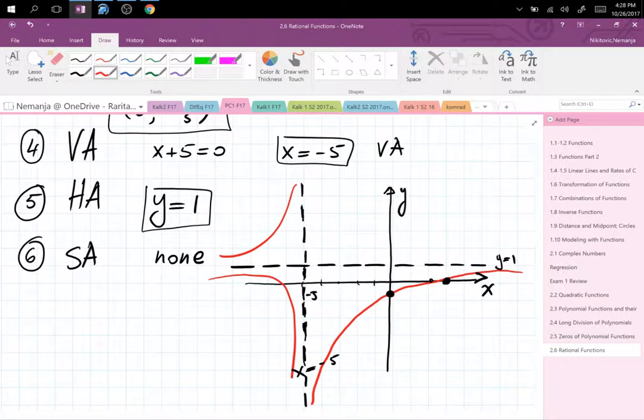But let's say that this analysis is way too crazy. What you are going to do is compute an additional single point. You pick any x value to the left of -5, say -6. You draw the point, whatever you get for the y value, and since the asymptotes partition space, you draw the line through that point.